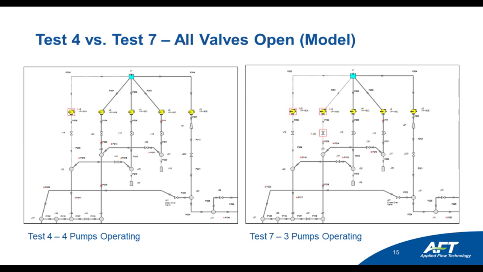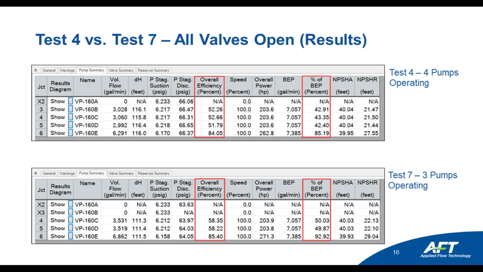And then on the right-hand side, this is test 7. And in test 7, we only have 3 pumps that are operating, the 3 pumps on the right-hand side. So if we were to set things up and run this model where all the valves are open, namely that crossover valve, here's the results that we're going to see.